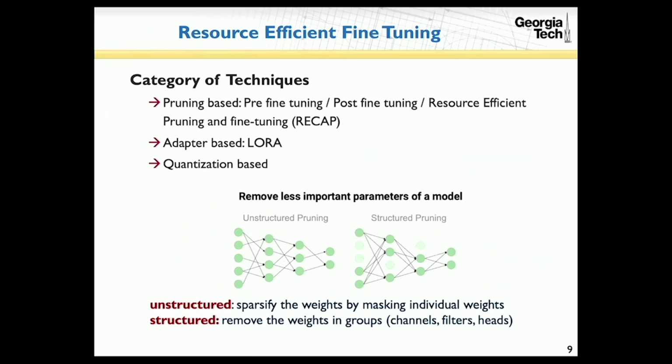Now, if you look at an adapter-based solution, represented by the LoRA family, you inject bottleneck adapter modules inside the transformer block, then you freeze the model weights and only update the adapter weights during fine-tuning.